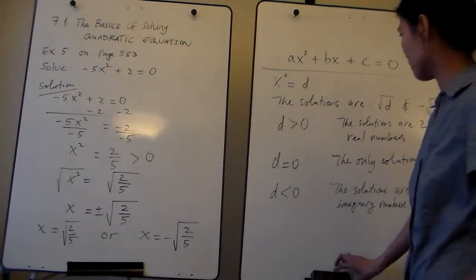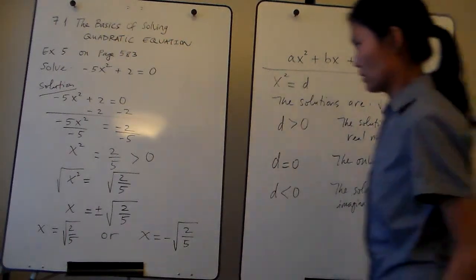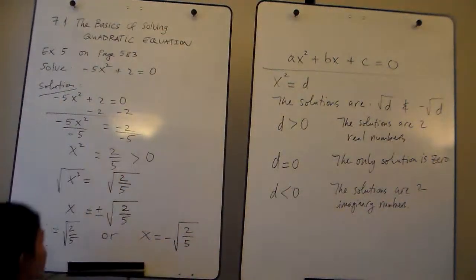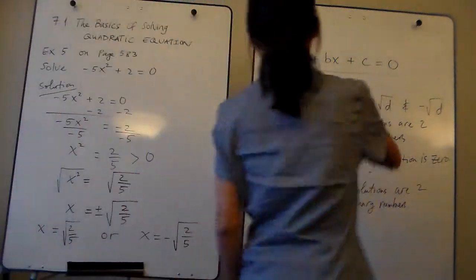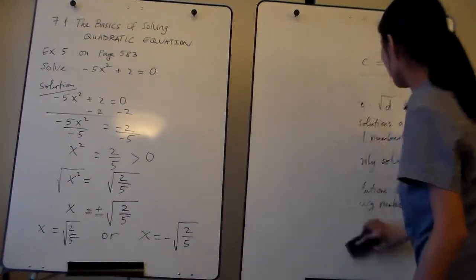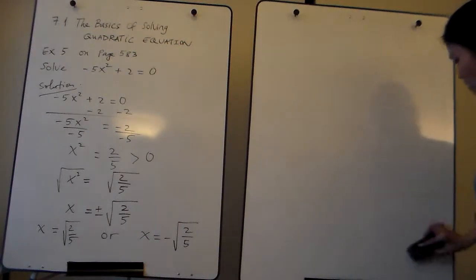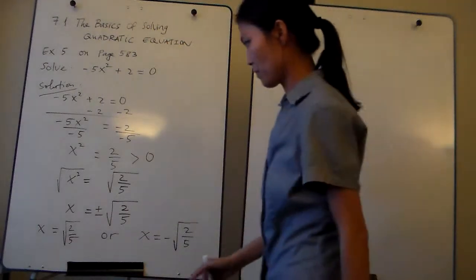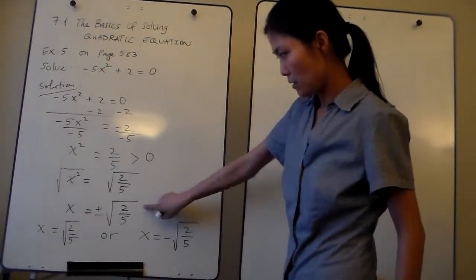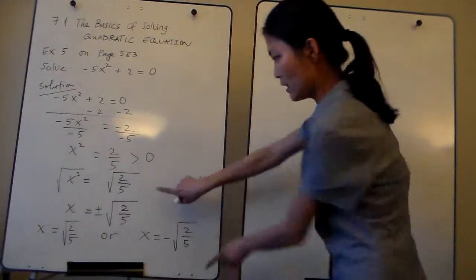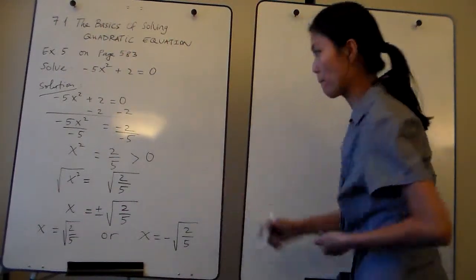And we're not done yet. Let me write this out. Actually, let me make space. So we have two solutions. Again, you can write this line, or you can write this line. These two lines are equivalent. Okay?